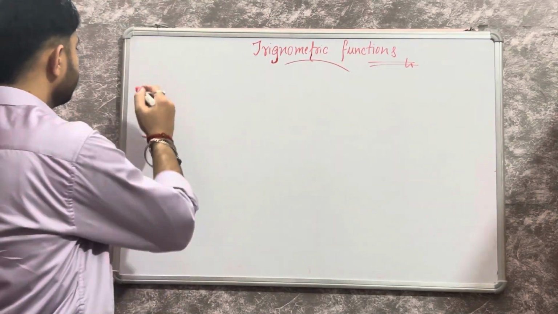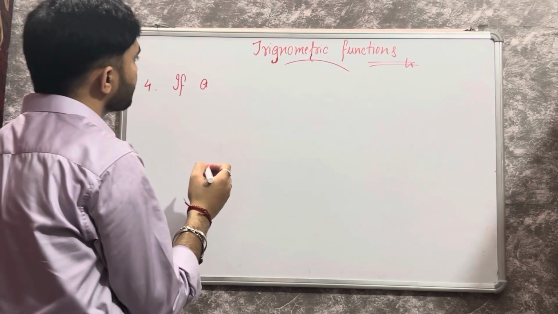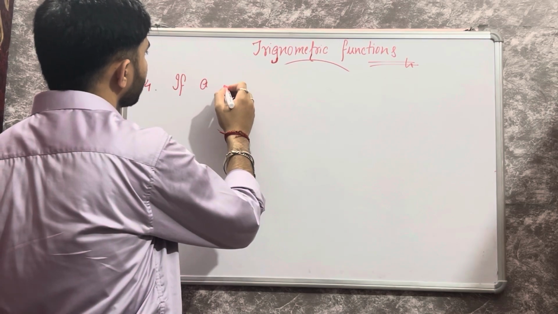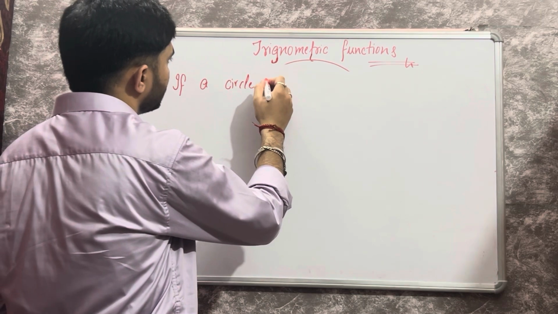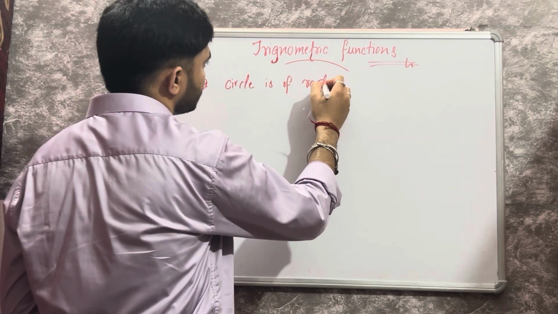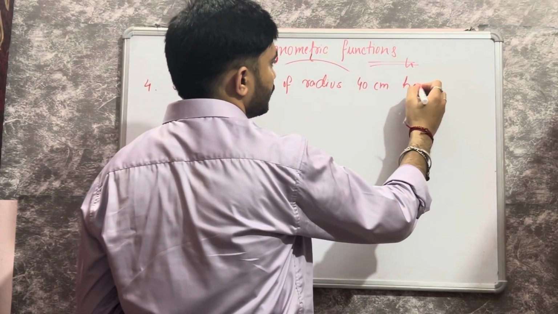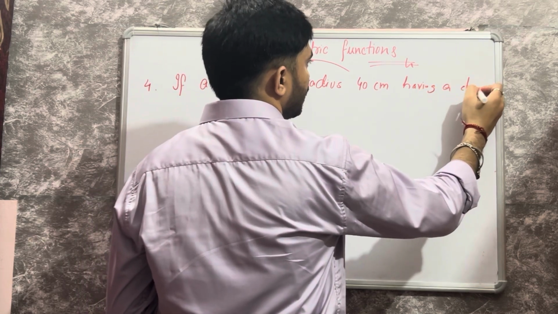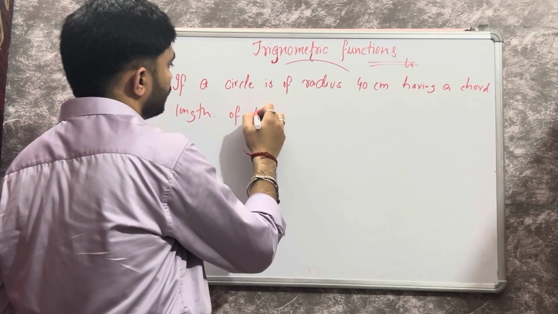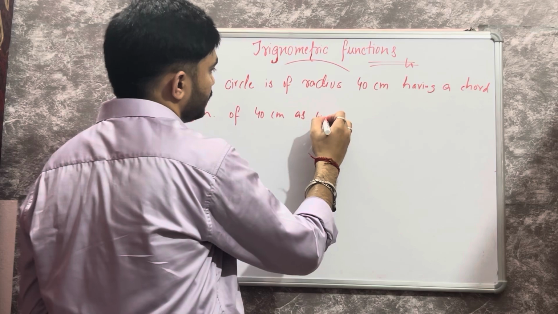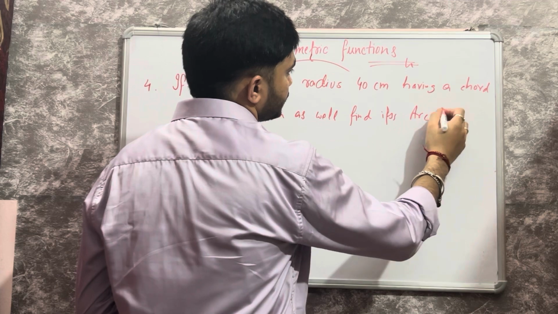The fourth question will be, if a circle is of radius 40 centimeter having a chord length of 40 centimeter as well, find its arc length.